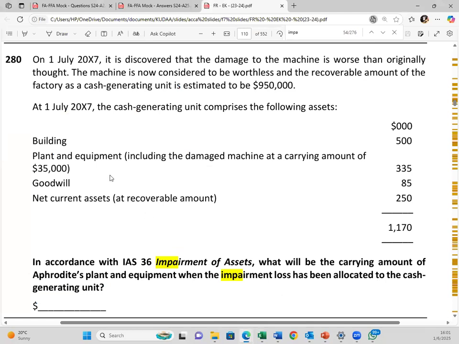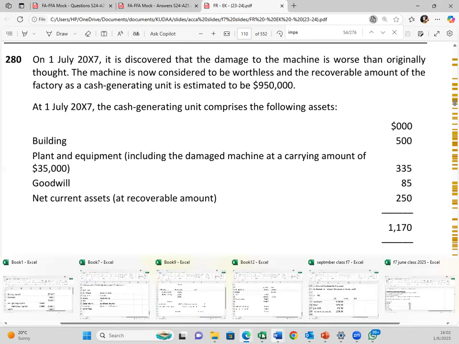So plant and equipment, including the damaged machine at carrying amount of 35,000. So the damaged machine had a carrying amount of 35,000. There's now a machine which is now worthless, which had a carrying amount of 35,000. So now let's allocate the impairment to the CGU.